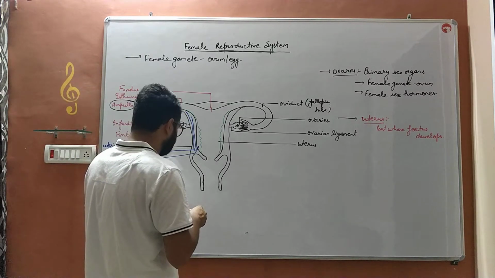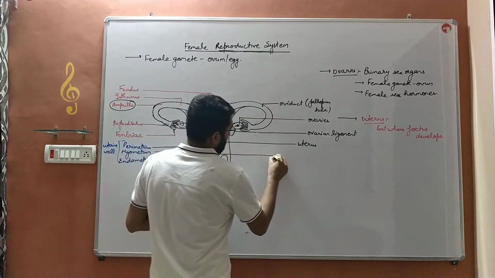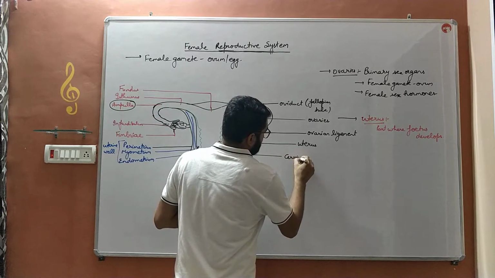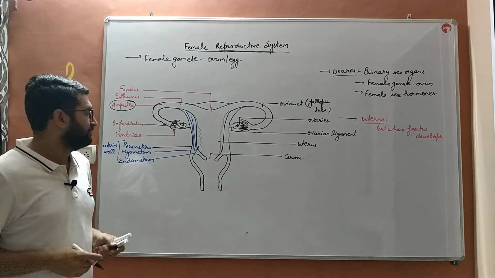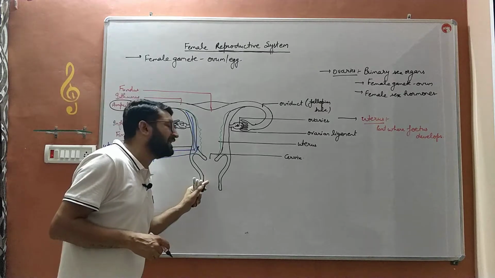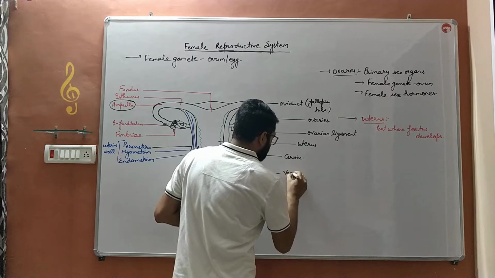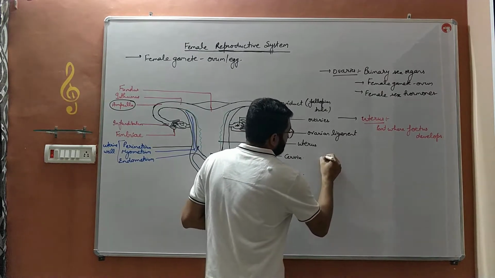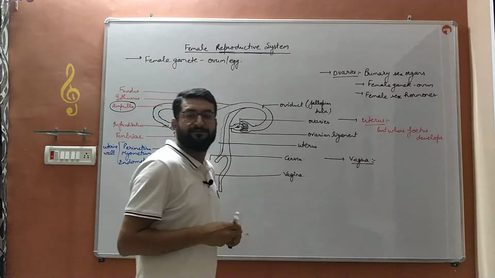Next part is this, the cervix. It is also known as cervical opening. This is the connection between uterus and vagina. This part is known as vagina. What is the function of vagina?